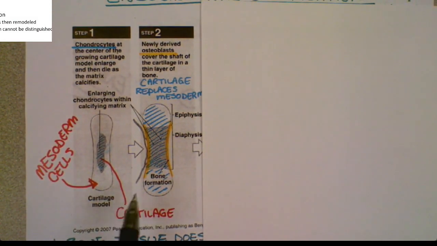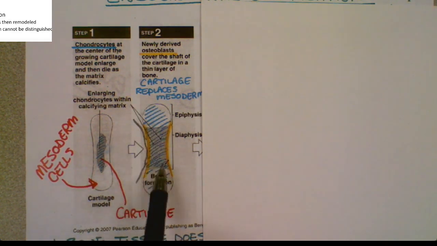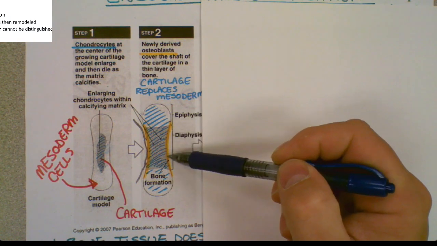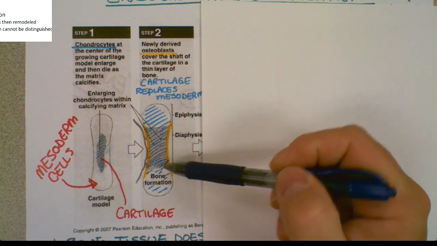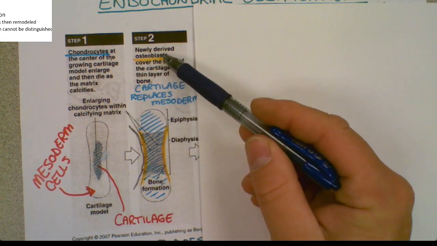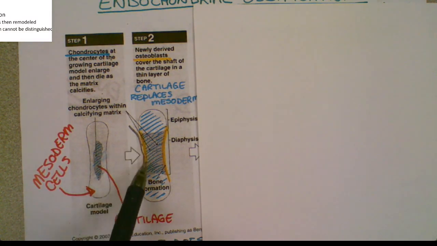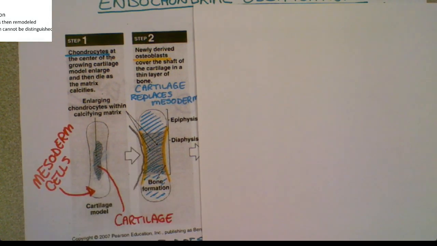So what happens is, all of this blue area is the cartilage. You can see most of this skeleton is cartilage at this point, but we start getting the development of osteocytes on the edge. I denoted that with this orange color. It says newly created osteoblasts cover the shaft of the cartilage and form a thin layer of bone tissue.